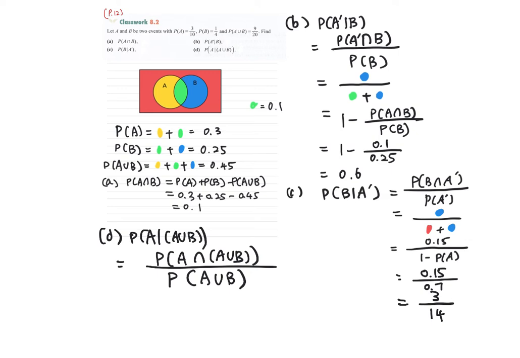So that means this is actually the probability of A, the yellow and the green part, and this is the probability of A union B. Both of them, you know, it is 0.3 over 0.45. So in this case it's 2 over 3.